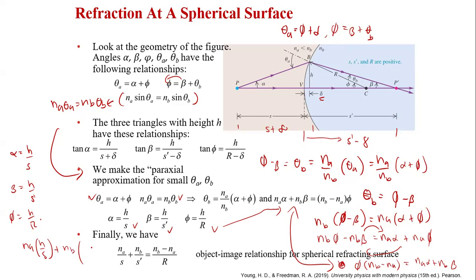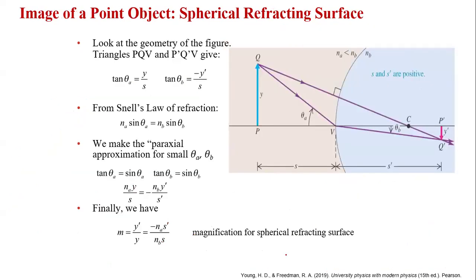We have beta, h over s prime, equal to n_a minus n_b, n_b minus n_a. Then we have h over R. So we can cancel this and it will become n_a over s plus n_b over s prime is equal to n_b minus n_a. So those are the object-image relationships for the spherical mirror.